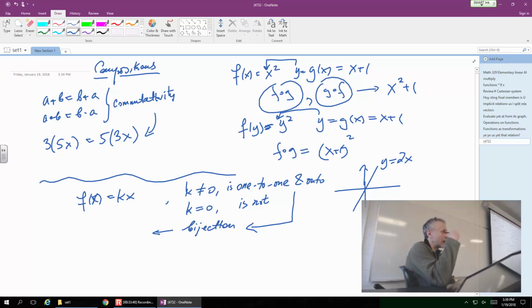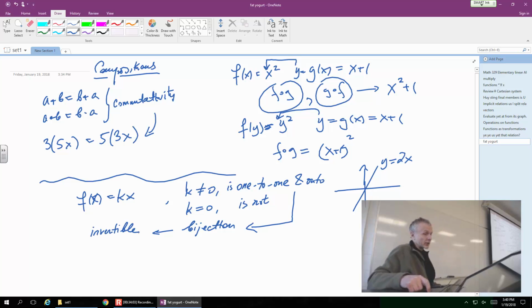Well, why do we care about one to one onto? Remember, the exponential function is one to one onto, which means that it's invertible.